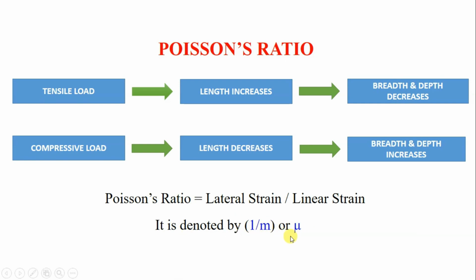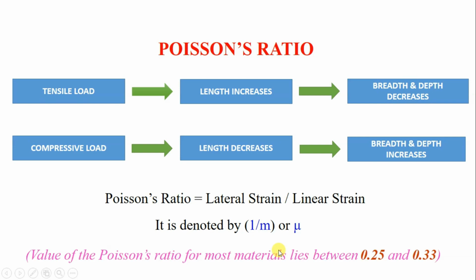Some books use 1 by m and some other books use mu. Both are the same. This value of Poisson's ratio for most of the materials lies in the range of 0.25 and 0.33. Here also there is no unit because both the values are strain values on the numerator and denominator.